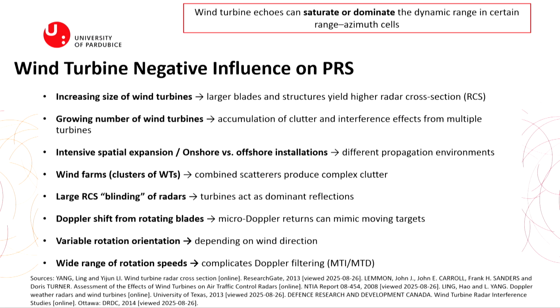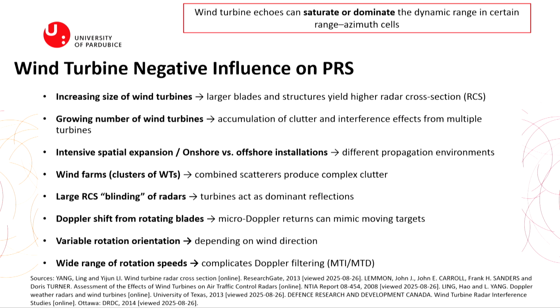So this is also another problem. On the next two slides there will be a list of negative influences. First, increasing size of wind turbines, large blades and structure, and of course the tower also, because the tower is a static object and causes reflection, which yields a higher radar cross section.